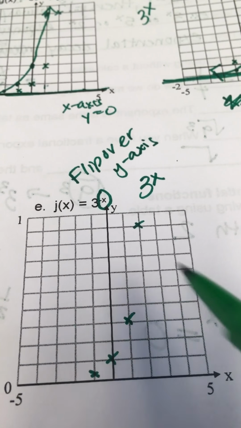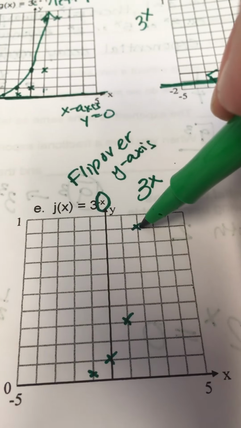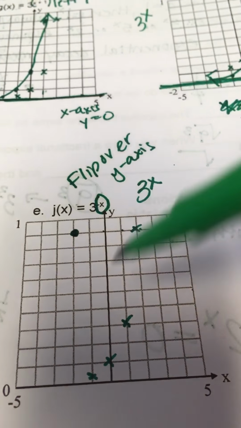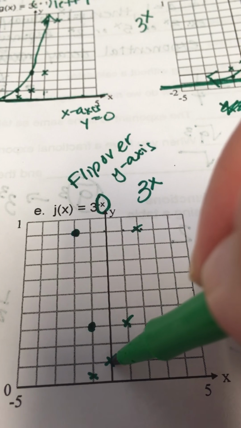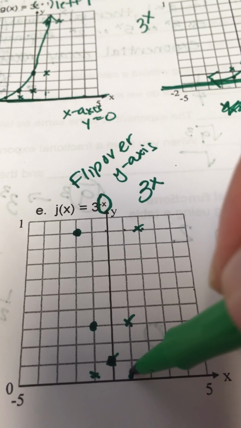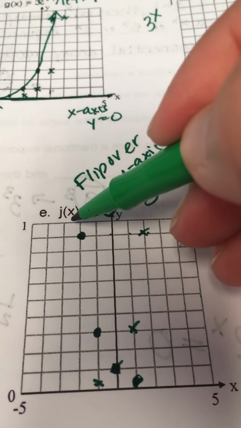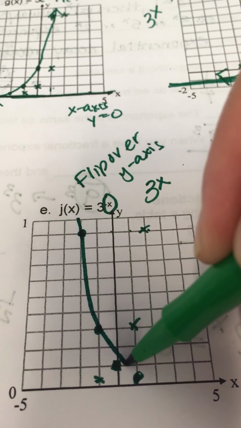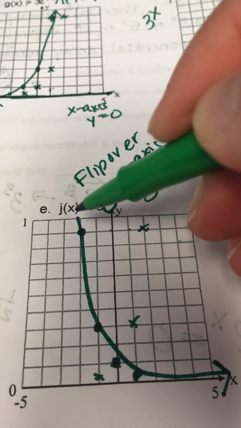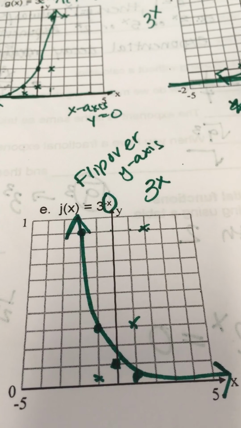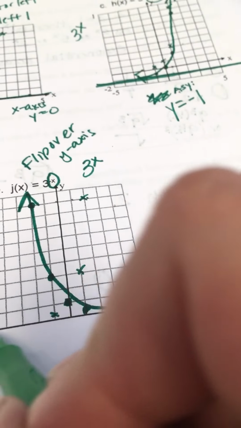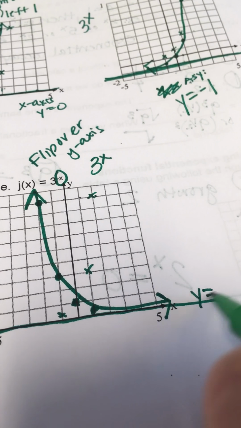So it's the side-to-side movement. Flip over the y-axis, which is here. This one goes that way. So if it's a growth and we flip it over the y-axis, it actually looks like it's going to be a decay, but that's just because of the reflection. The asymptote still stays here, y equals 0.